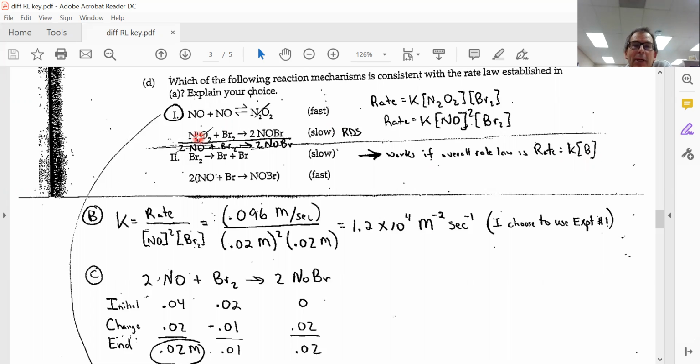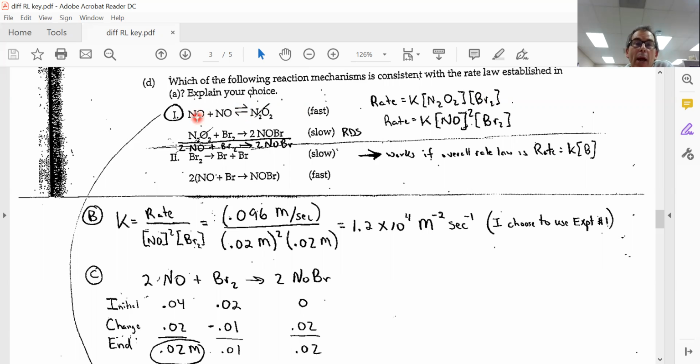But how about this one? Well, the slow thing is the rate determining step, but it's got this N2O2 thing in there, and that's kind of confusing. So I look at this and say, of my rate determining step, the rate order, and again, I just take the coefficients in front, is N2O2 and Br2. However, I can look at this equilibrium step here, because its arrows are going back and forth, that's equilibrium, and I can do a substitution.